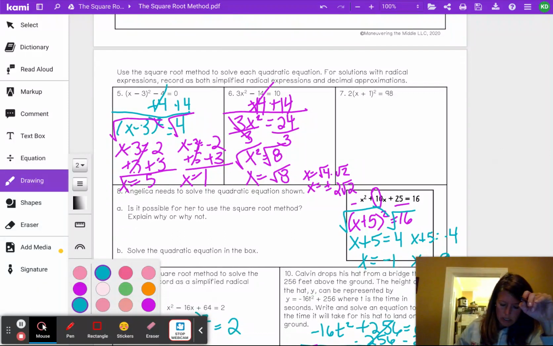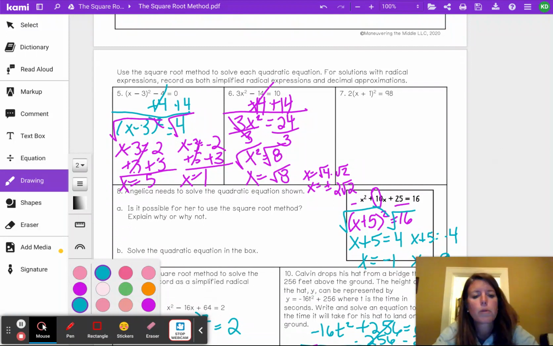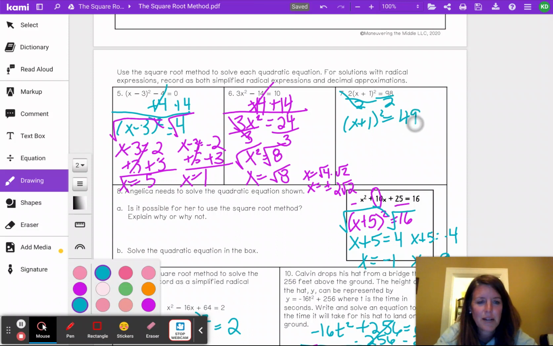Let's see. Okay, this was a straightforward one. So first thing is divide both sides by 2. You can't take the square root of that first because we have that 2 on the outside. So we need to get rid of that first. So now we have x plus 1 squared equals 49, since 98 divided by 2 is 49.